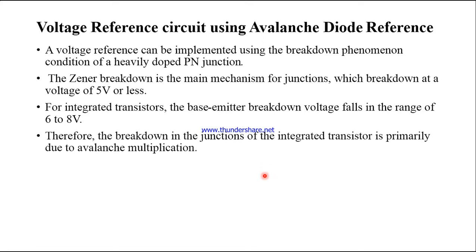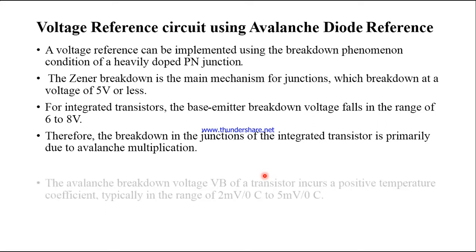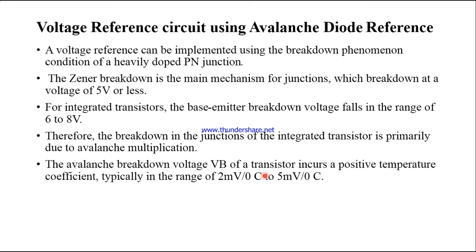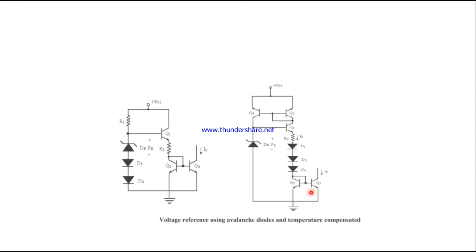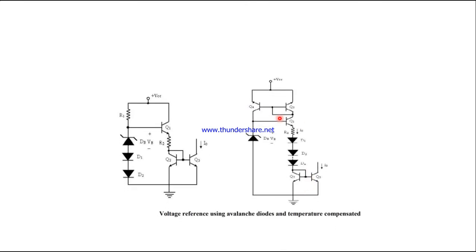Therefore, the breakdown in the junctions of the integrated transistor is due to avalanche multiplication. The avalanche breakdown voltage VB of a transistor has a positive temperature coefficient in the range of 2 mV per degree Celsius to 5 mV per degree Celsius.